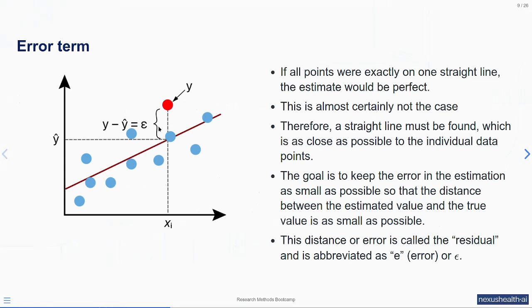In other words, we need to find the line that minimizes the error term. This distance or error is called the residuals, and we abbreviate it as E or epsilon. We are looking for that line which minimizes this error term, and this is the principle of linear regression.